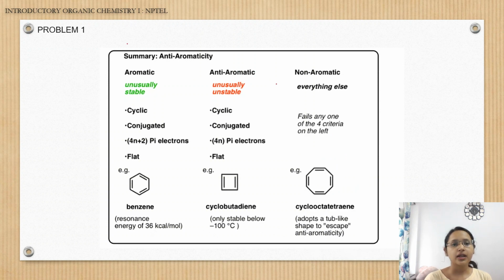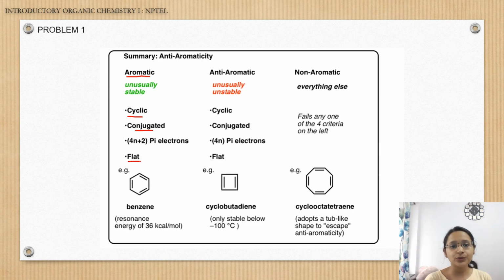So here I was talking about the aromatic compound. Aromatic compounds have four characteristics: they should be cyclic, conjugated, have 4n plus 2 pi electrons, and have a flat structure. Aromatic and anti-aromatic compounds differ from each other in the number of pi electrons in the system.